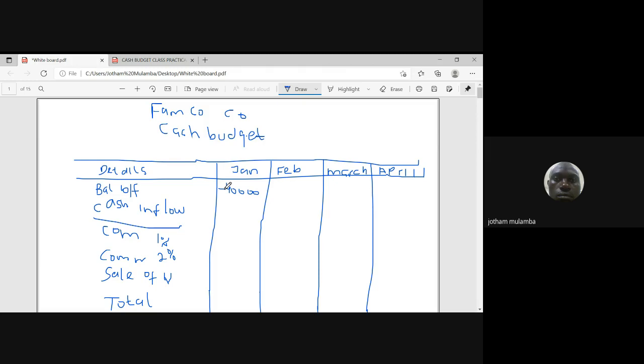So we get 1% of 1.8 million, which is 18,000. So that's what we record here as the first cash inflow, 18,000.